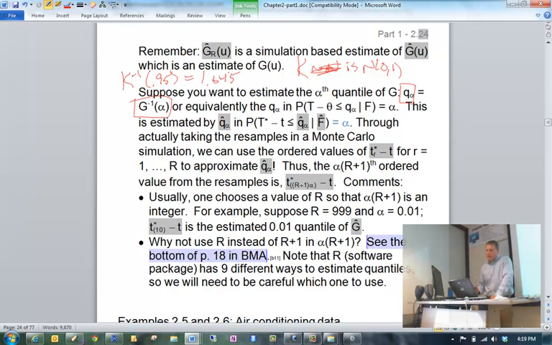So what we would like to be able to do here is find q sub alpha in this particular equation. Why? Well, think of all the places where we use quantiles in statistics, like for confidence intervals. So you might think, well, maybe the bootstrap could help you: you replace the old t-tables with some other tables based upon the bootstrap.